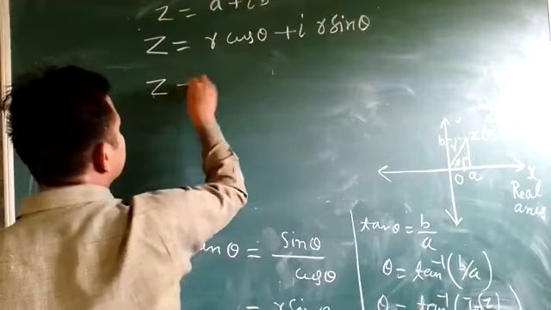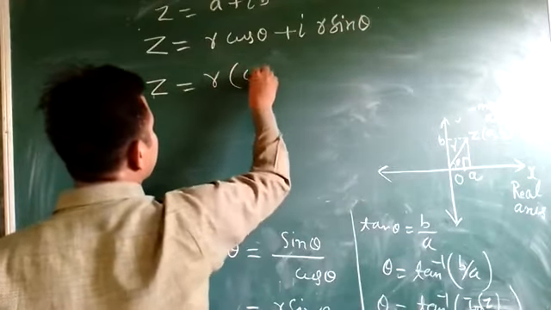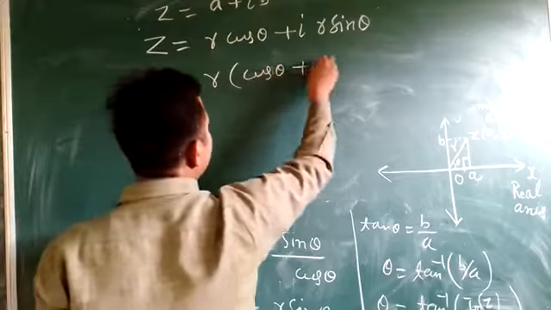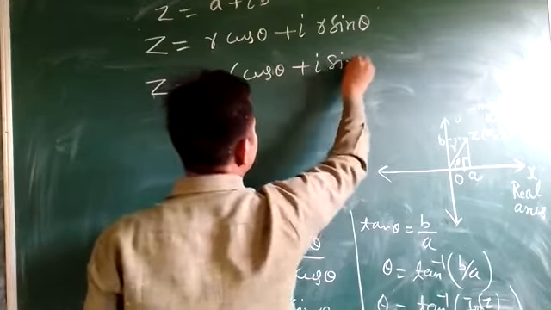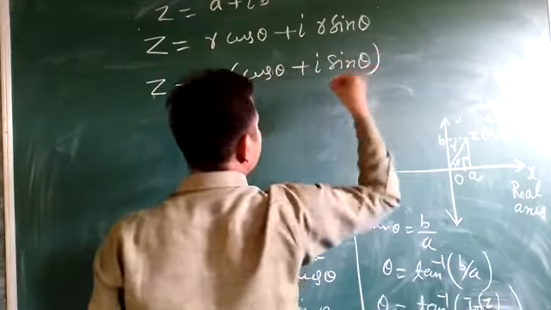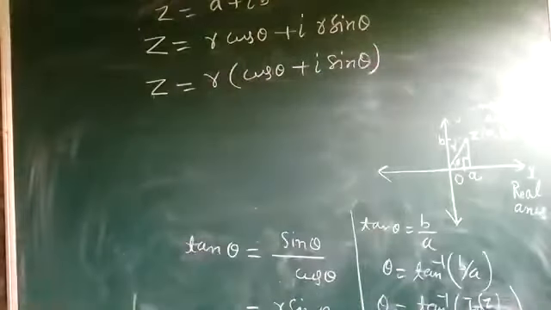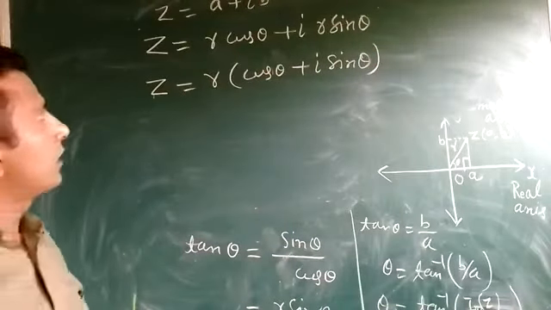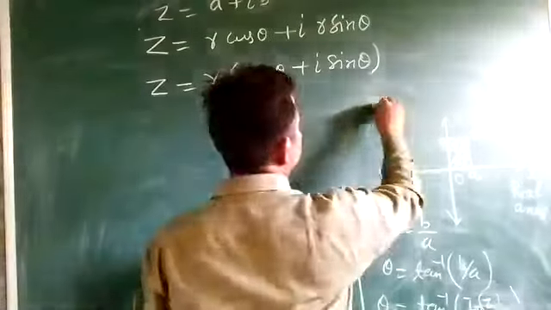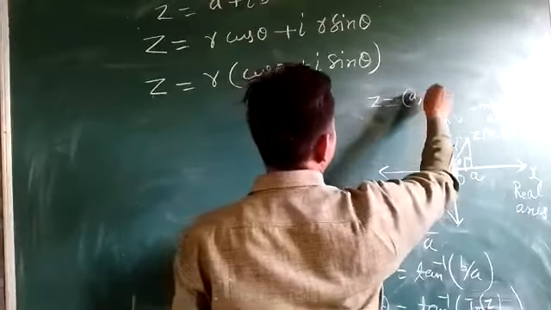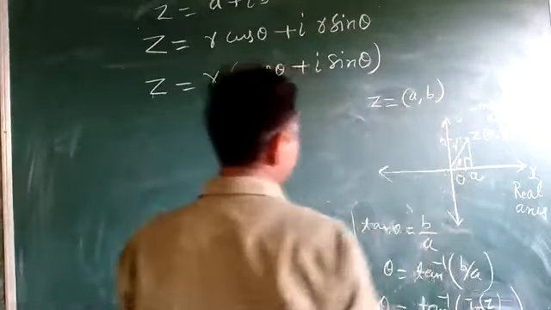So z equals r, taking common, cos theta plus i sin theta. Okay. Theta depends on the quadrant in which the ordered pair z equal to a comma b belongs.